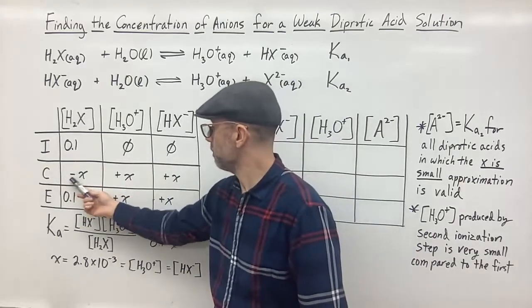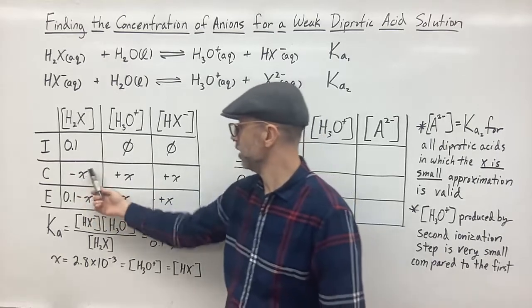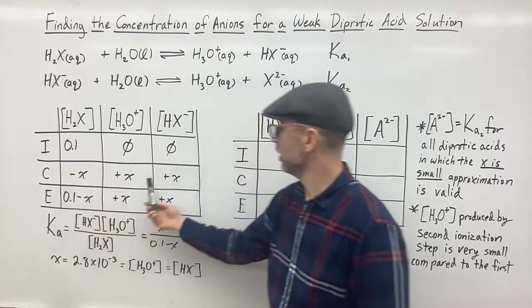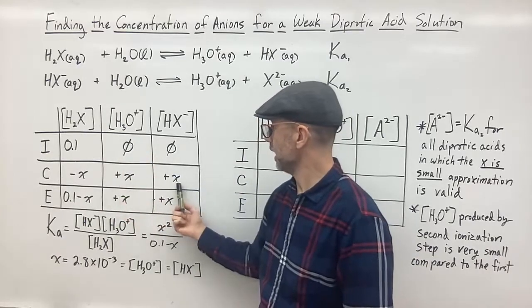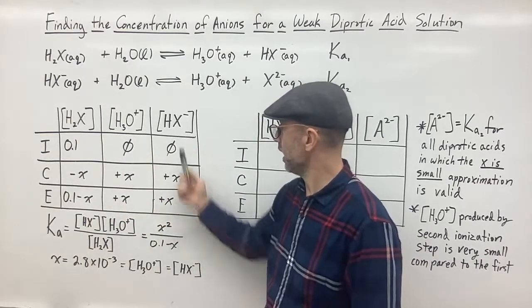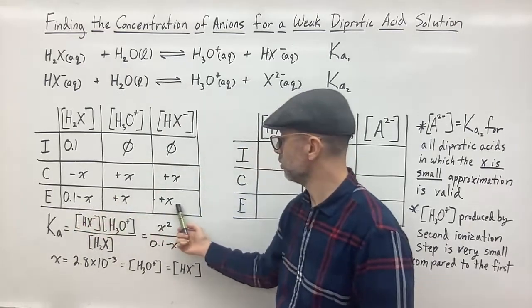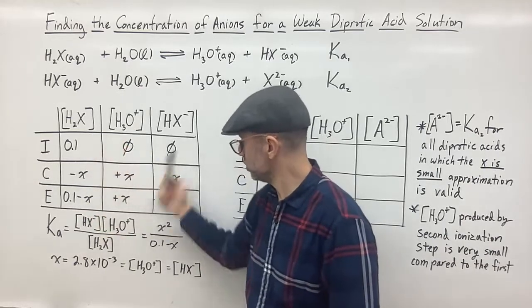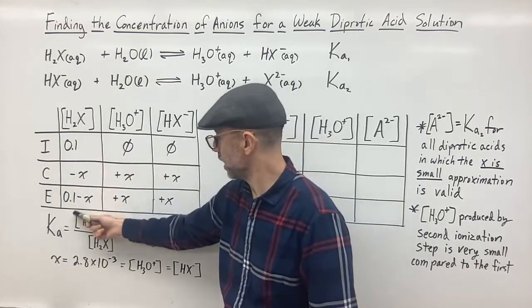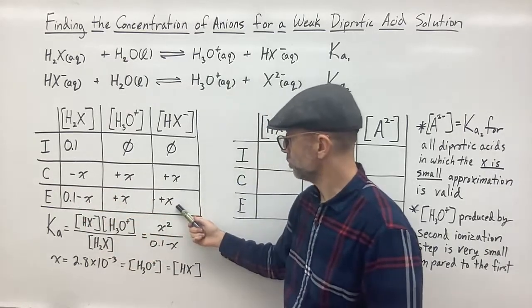Then we do our ice table like we normally do. We do minus x for the amount of acid that's going to ionize. So we're going to lose some of that acid, and we're going to gain the same amount of H plus and the anion HX minus. We write up our equilibrium expressions for these species. So we add these together, we get 0.1 minus x, x, plus x.